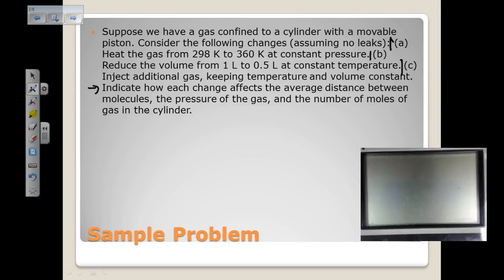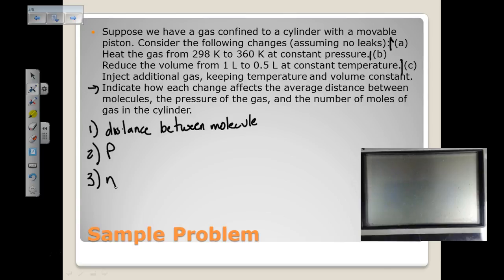It says indicate how each change affects the distance between the molecules. So that's the first one. The second one is the pressure of the gas. And the third one is the number of moles. Okay, so let's take a look at A.